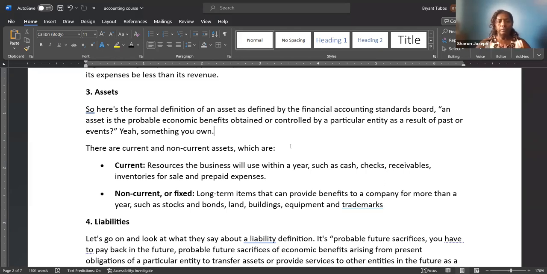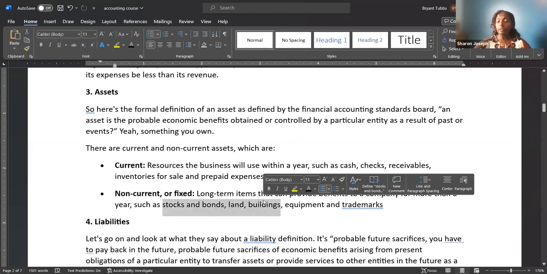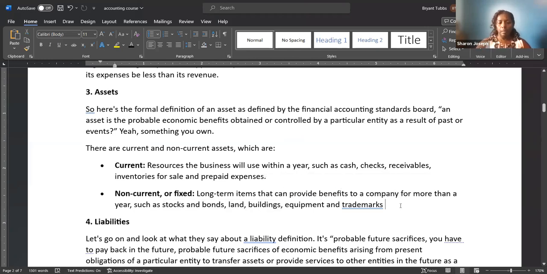A non-current asset or a fixed asset, on the other hand, is something that's long-term. It's something that the business will get a benefit from over more than a year. An example is a stock or bond or land, buildings, equipment, even a computer. According to the IRS, a computer has a useful life of approximately 3 years.